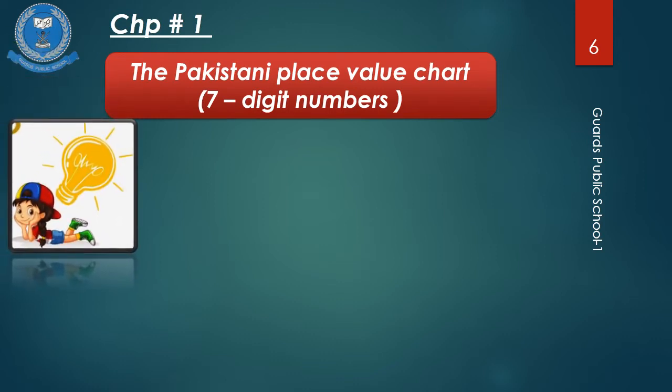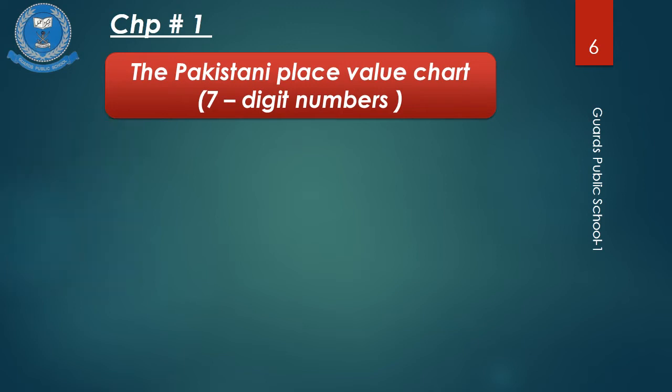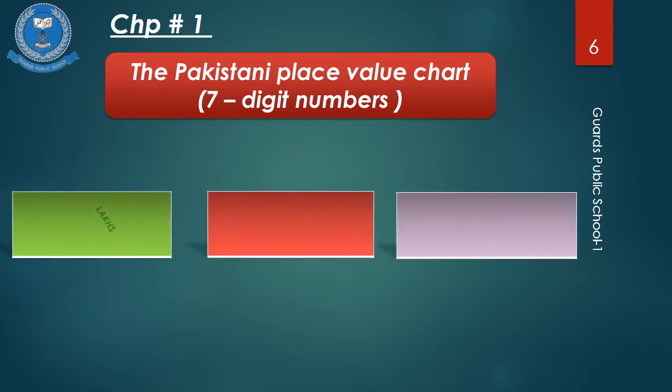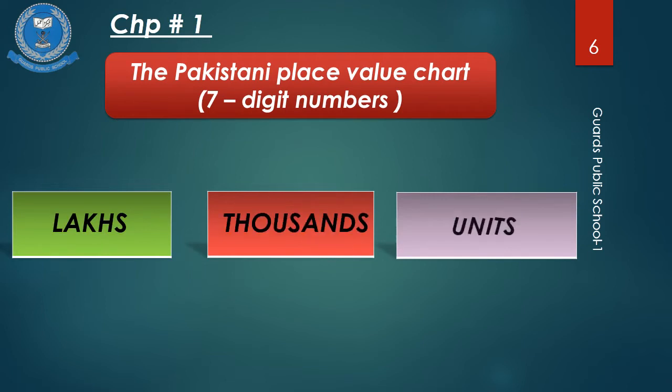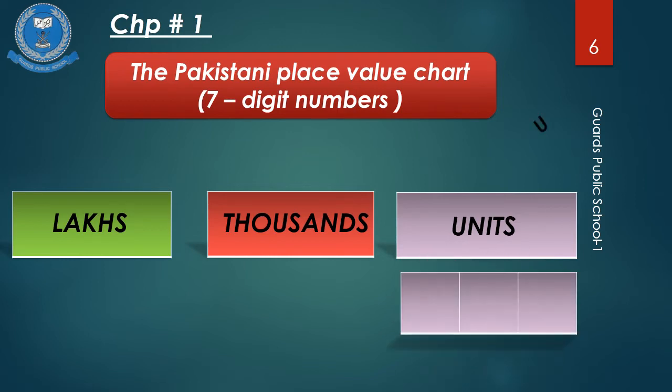In a place value chart, a 7-digit number has three periods: lakh, thousand and unit period. Now starting from the right side, that is from unit period or family has three members, that is unit, tens and hundred. As one period is completed, we will put comma here.